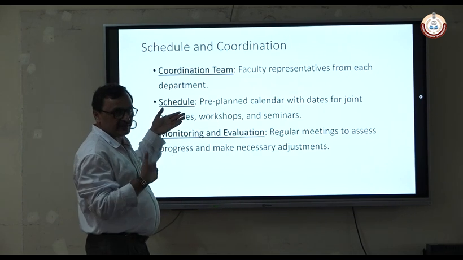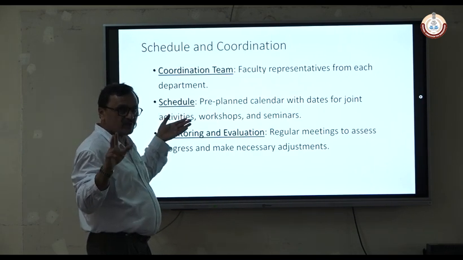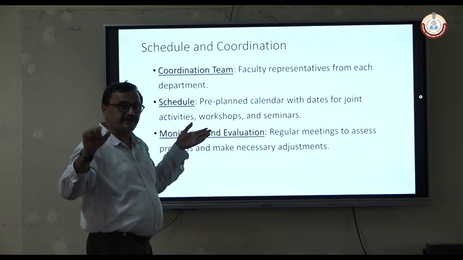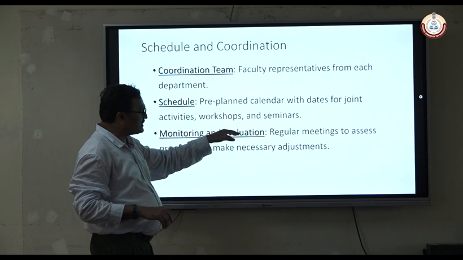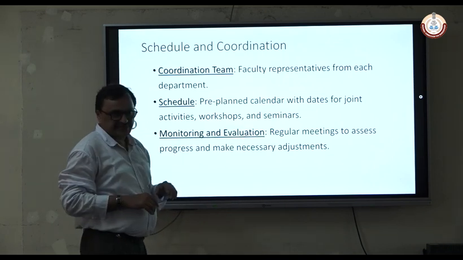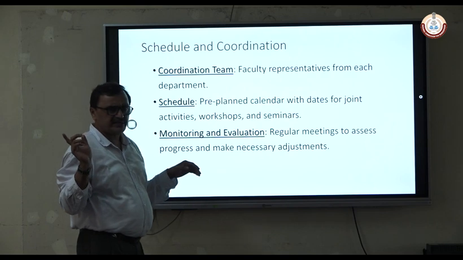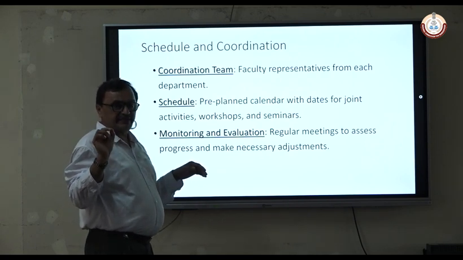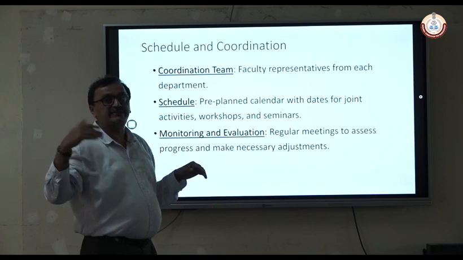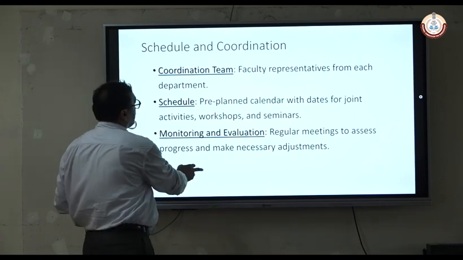Like I said, in our college we have 2 hours specifically dedicated for this, so all the batches will have those 2 hours. All the departments are free to take it. Monitoring and evaluation: regular meetings to assess progress and make necessary adjustments. In the model I described, we will have a committee at the highest level that will be observing, evaluating and giving feedback.